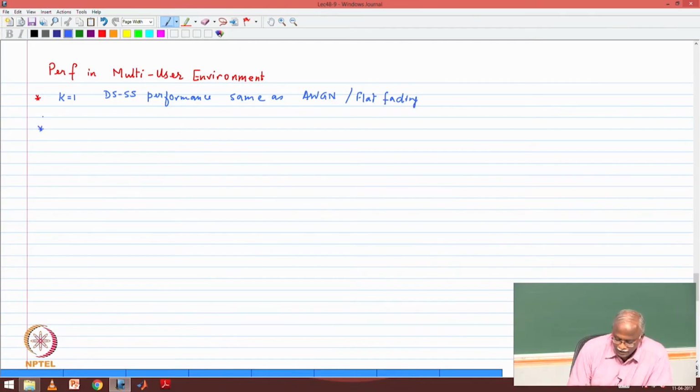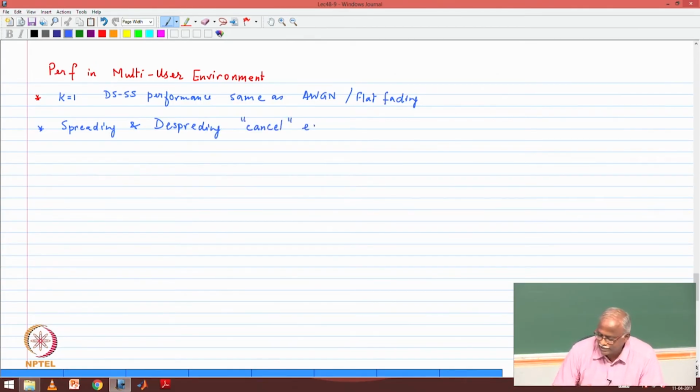Okay. The second aspect is spreading and despreading, they cancel each other, that is they are the inverse operations. So, as far as the signal is concerned, the signal comes back to its narrowband form. I will just say they cancel each other, but please interpret it as the inverse operations cancel each other as far as the signal is concerned, but it does not do anything to the noise.